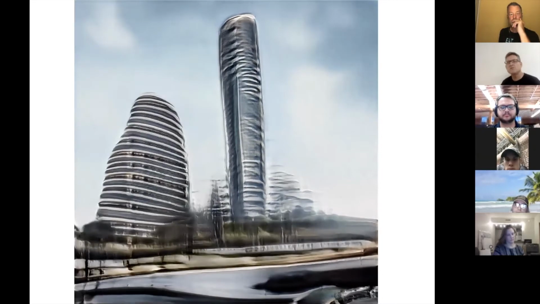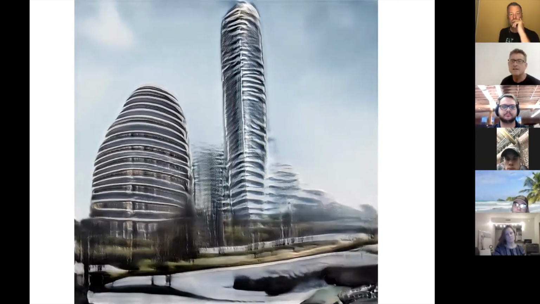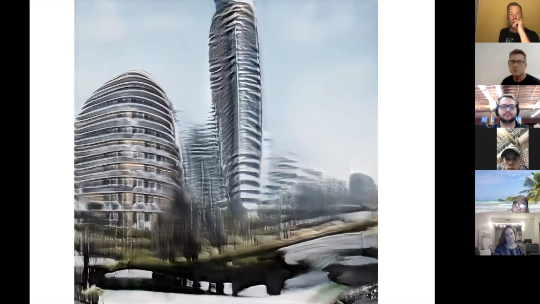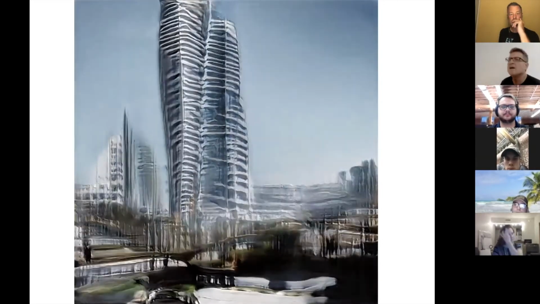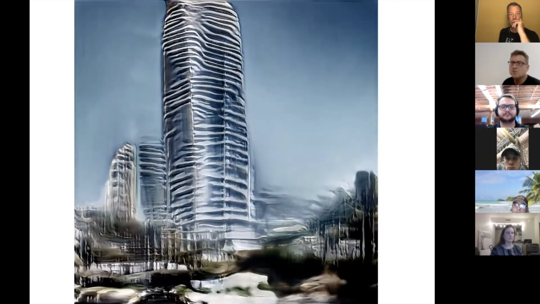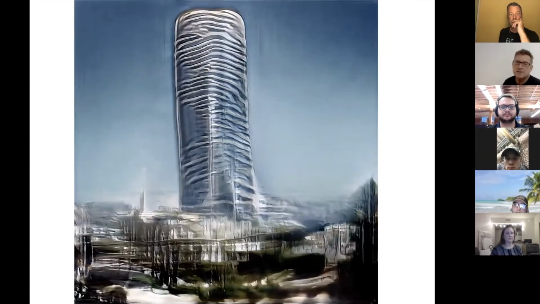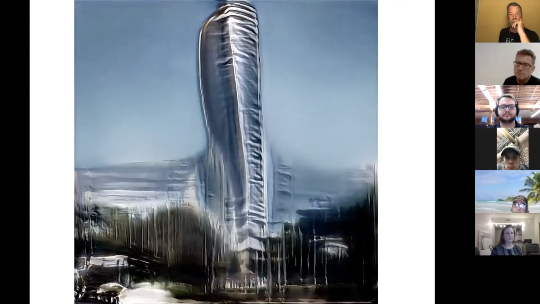What he's basically doing is taking all the images of all the buildings by Zaha and uploading them into a computer. We're talking about thousands and thousands. Typically, for deep learning, you want 5,000 images at least. And then it just hallucinates based on that. It's interpolating and generating possible buildings out of this.